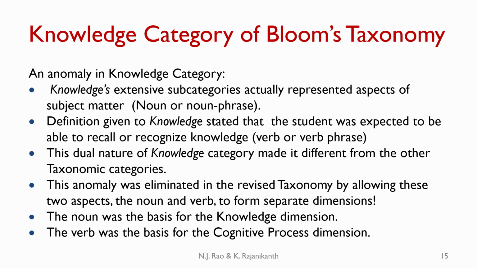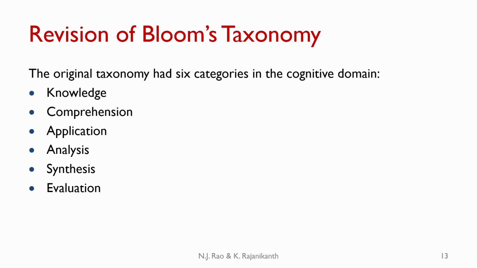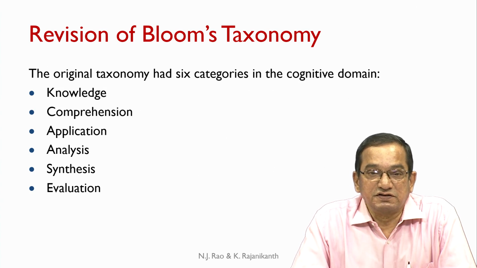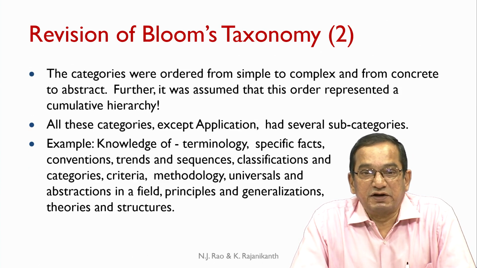This dual nature made it different from other taxonomic categories. Comprehension, application, analysis, synthesis, and evaluation do not have this dual nature. Only the knowledge category had both a verb aspect and a noun aspect.